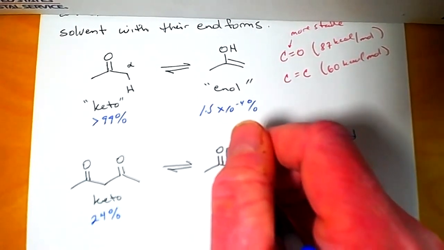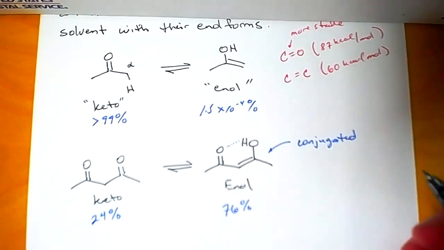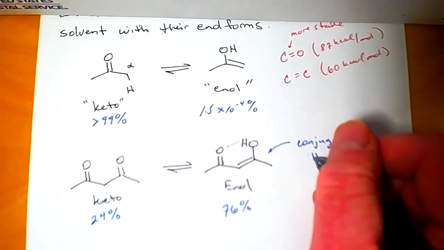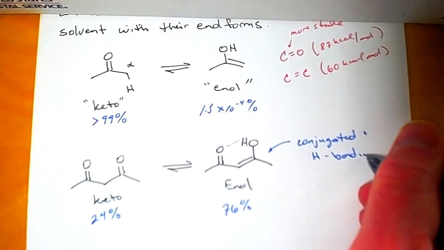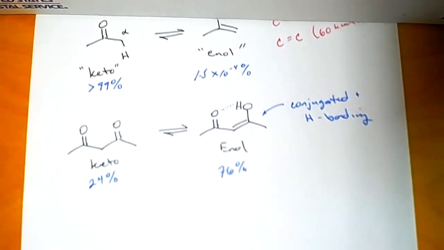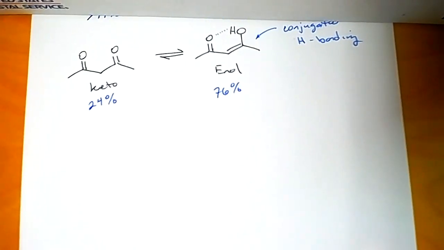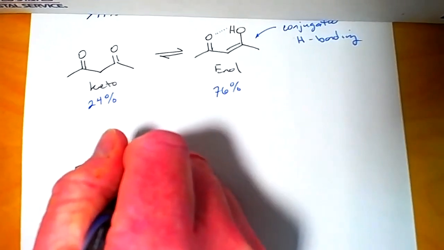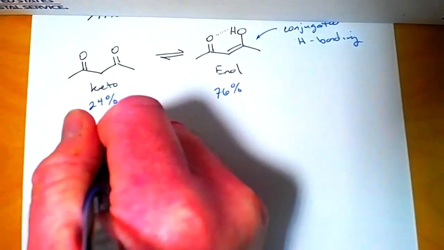And another feature as well is there's some kind of intramolecular hydrogen bonding that's occurring here as well. So this has a couple of things going for it that puts the enol form in that being favored in that equilibrium.